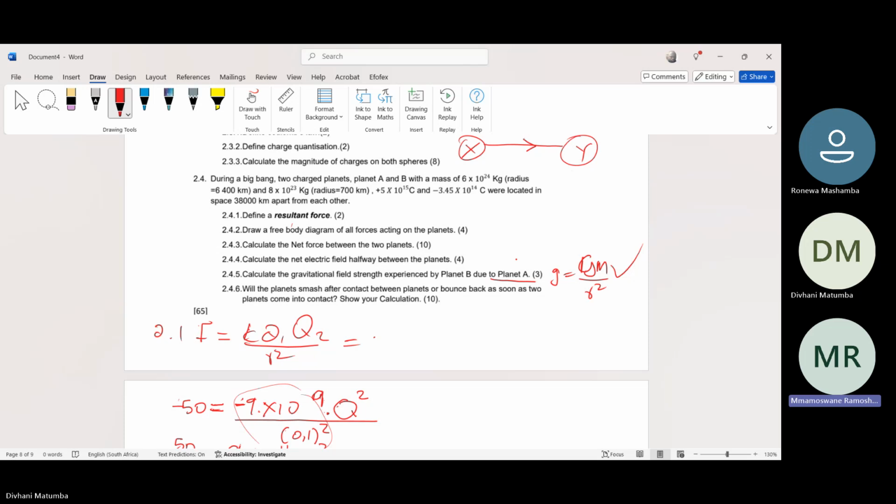Planet A. That's correct. Therefore, the M of the host is the M for planet A. Okay. Yes.